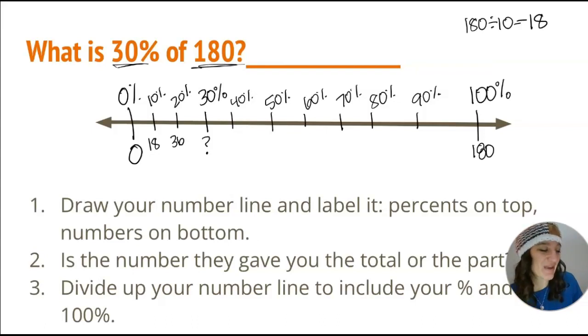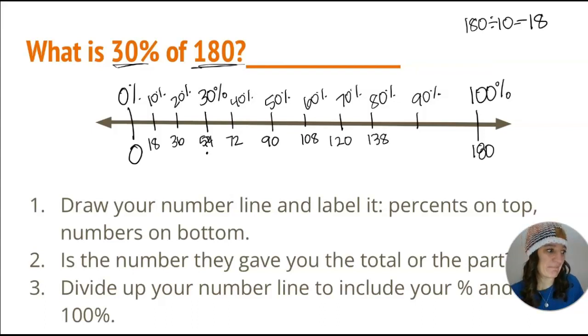Oh, can I remember what they were? 54, 72, 90, 108, 120, 138. Does that sound right? I'm going to have to back up. 90 plus 18 is, yeah, no, 118, right?